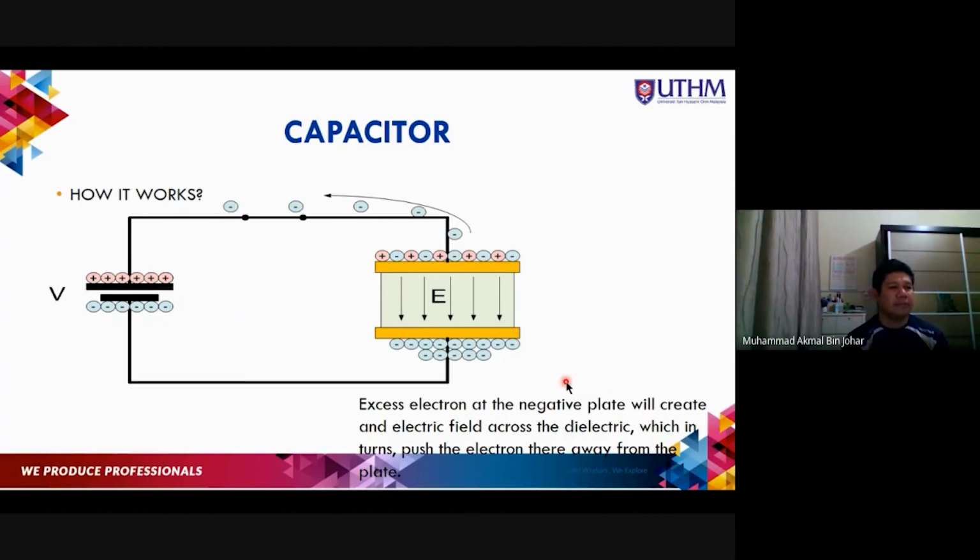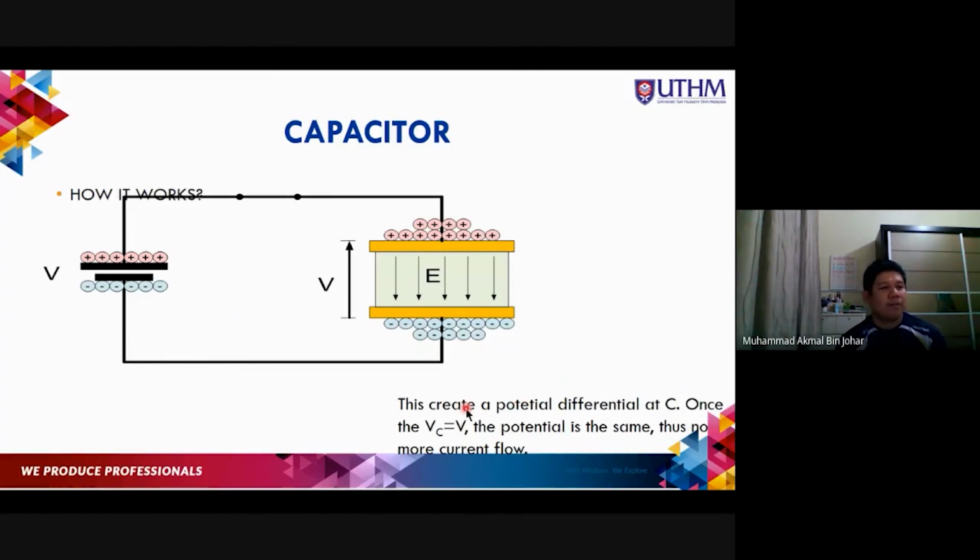Here you create a potential difference at C. Once VC is equal to V, the potential is the same, thus no more current flows. When VC and the supply V are equivalent, there is no current.